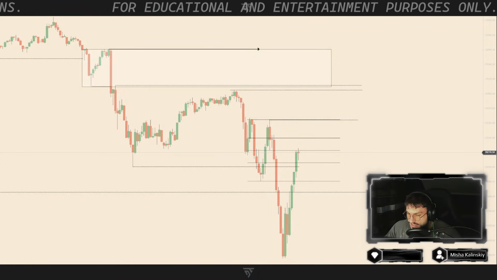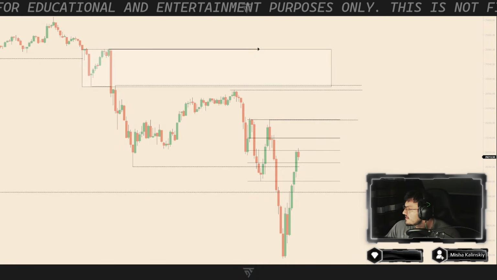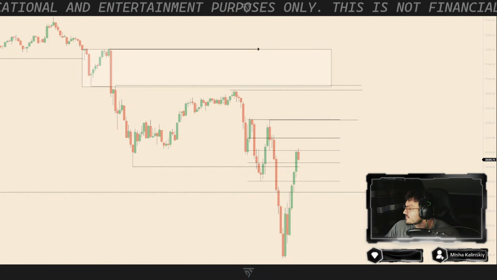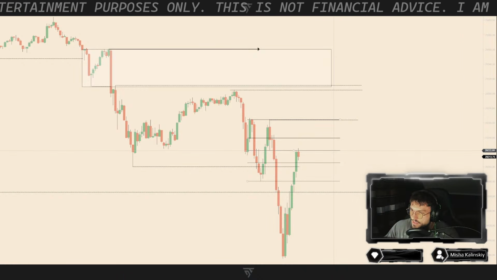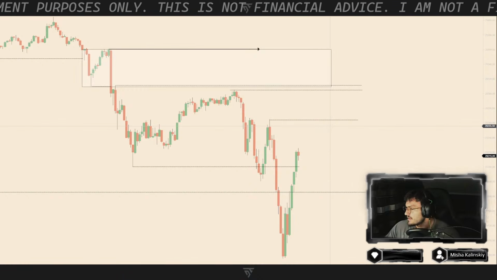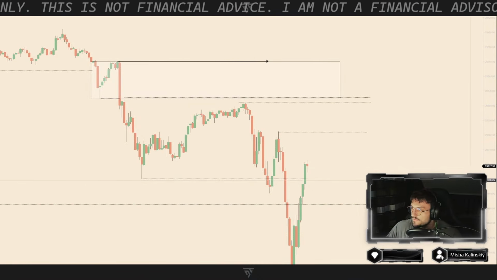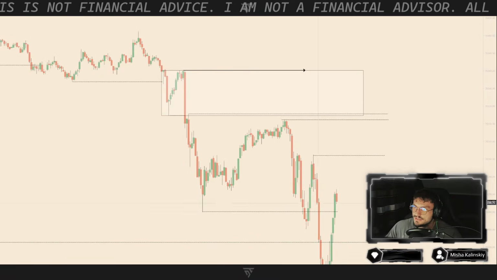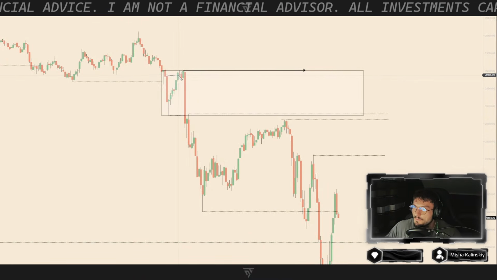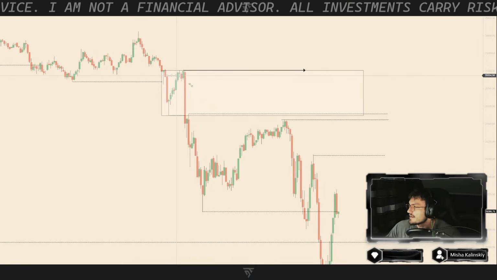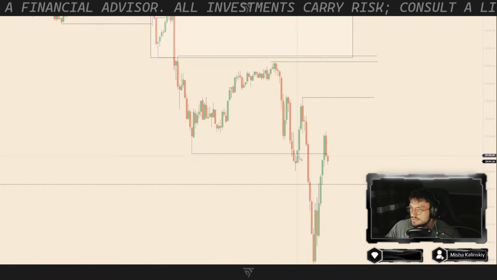Do you use candle valid highs and lows as a... what does it say? As a full swing only? Candle valid... Ooh, so you mean the validity of swings? The validity of swings that Dave sent out? So this being a valid swing because it closed above this candle's high, and this being a valid swing because it closed this?